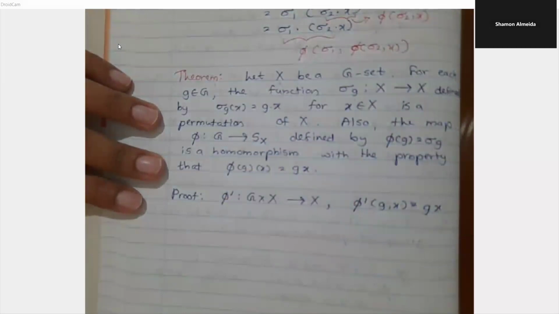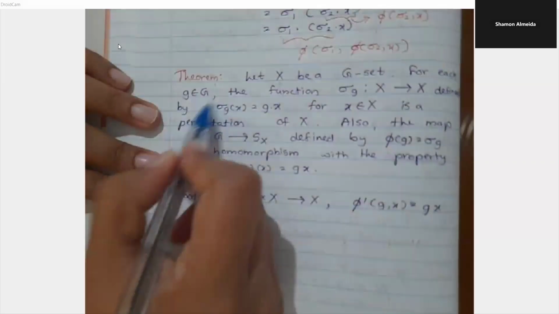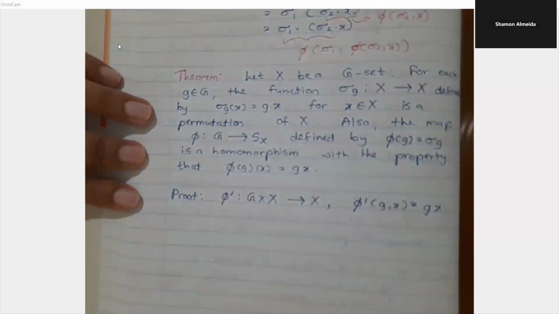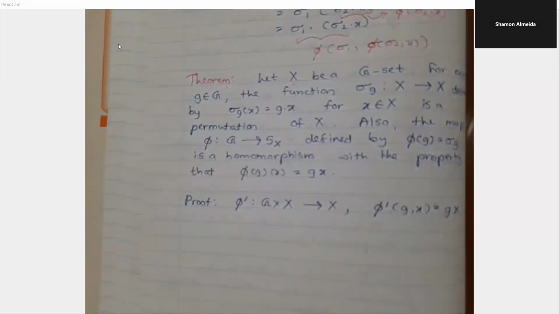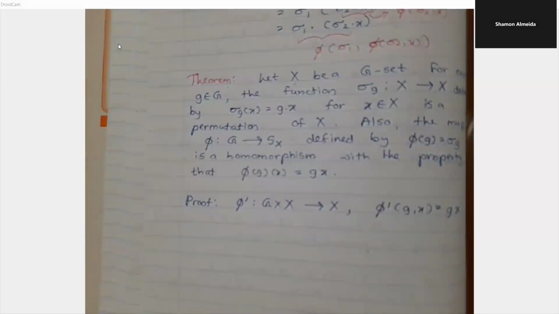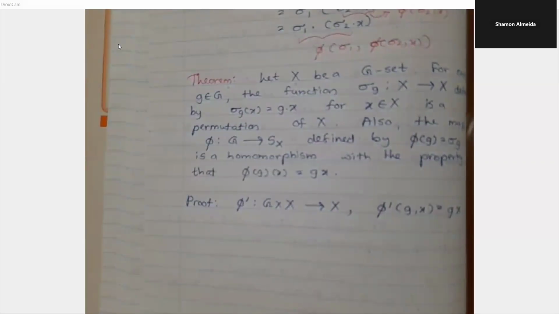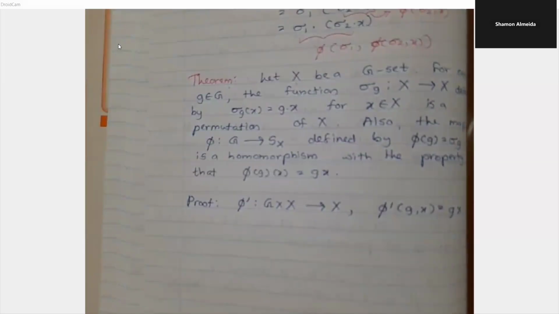Now we say that this map is a permutation of X. So what does it mean? You have all these elements in X. You take each element one by one and map it to either the same element or some other element in X. Once you consider all function values, you should get all the values of X. Those should be permuted here and there, so that this is a permutation.